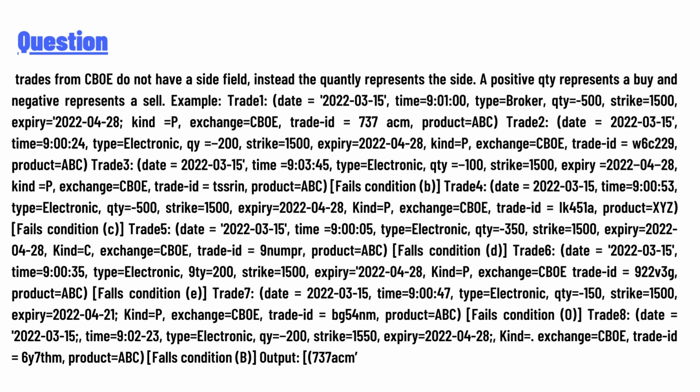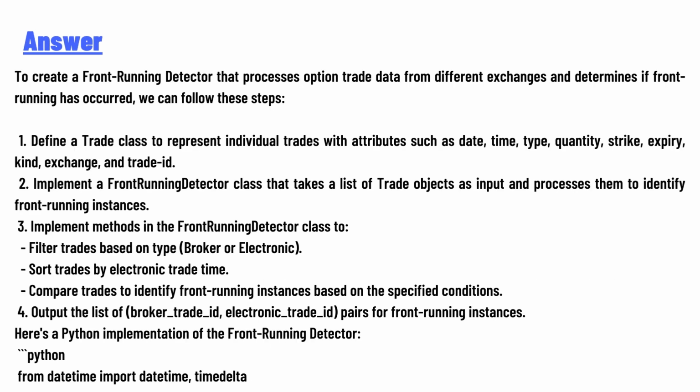Trade 8, date 2022-03-15, time 9:23, type electronic, QTY 200, strike 1550, expiry 2022-04-28, kind, exchange equal to CBOE, trade ID 0607THM, product equal to ABC, condition P, output 737ACM.